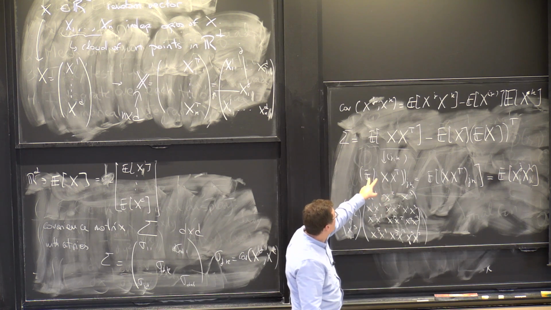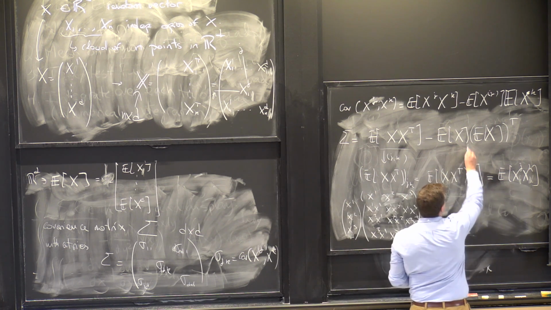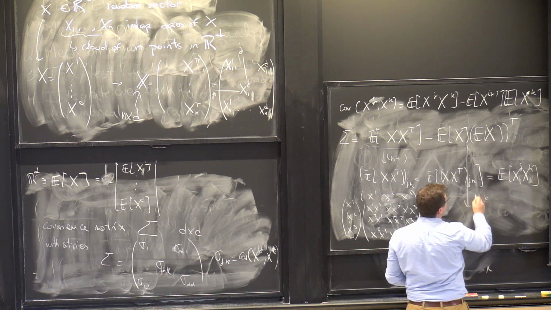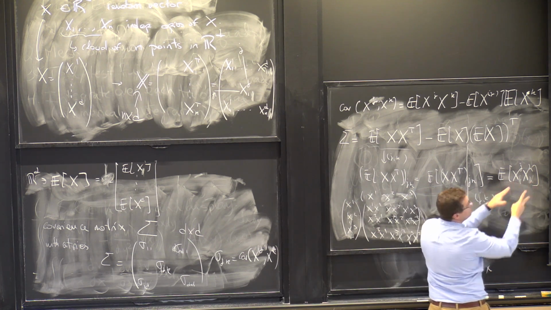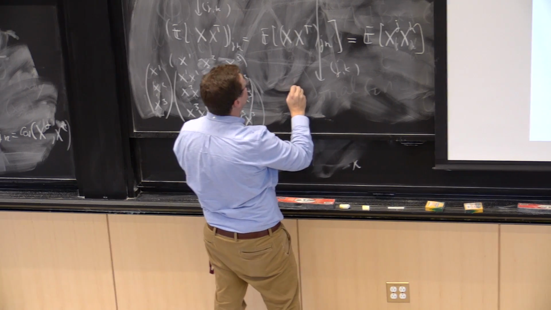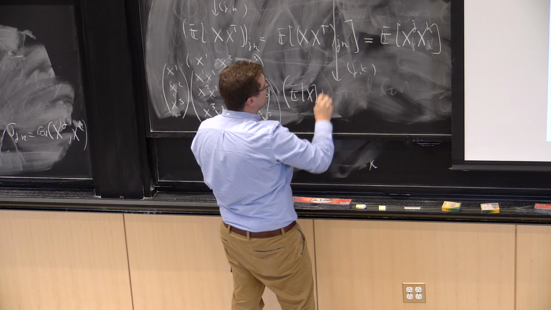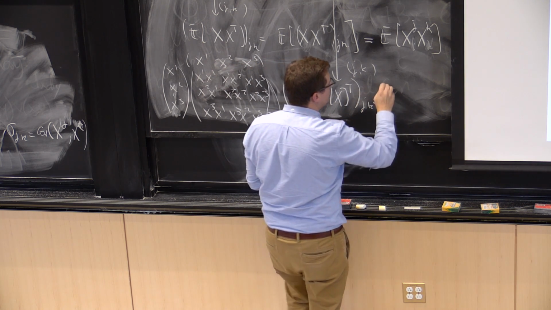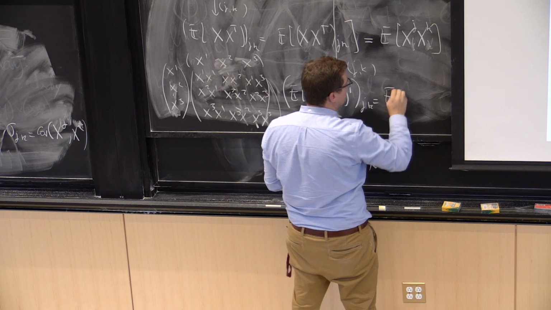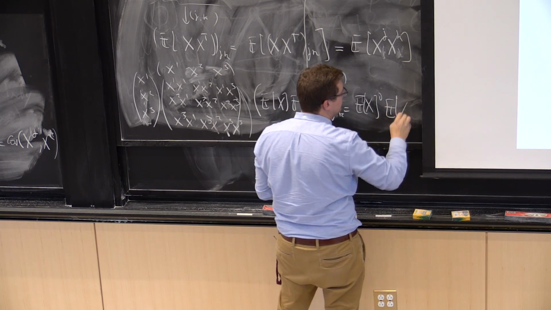So now I can do exactly the same thing, except that if I take the jkth entry, it's not going to be the expectation of the product, but the product of the expectations, right? So the jkth entry of E of x times E of x transpose is just the jth entry of E of x times the kth entry of E of x.